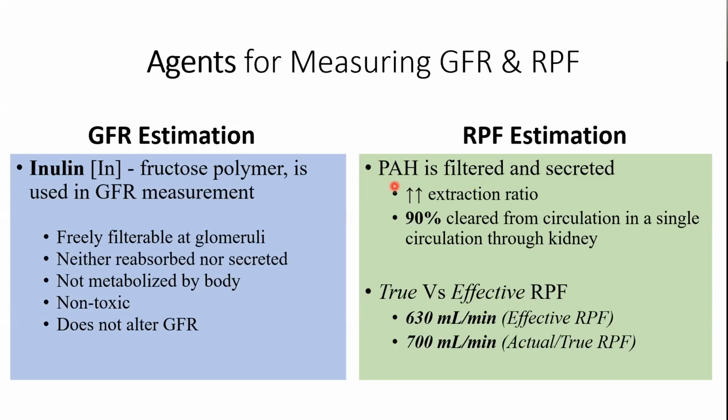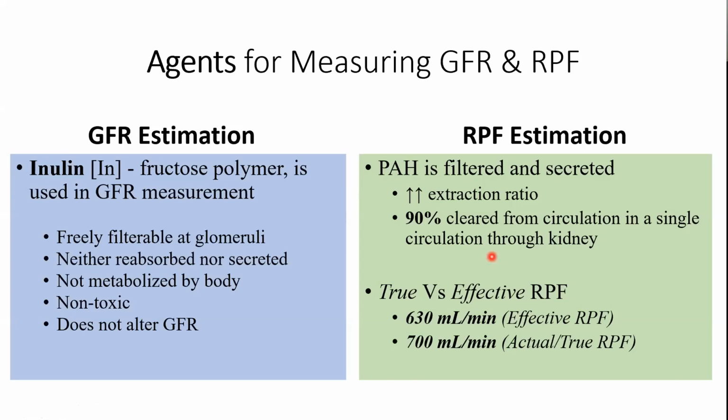When injected, it gets filtered and secreted to such an extent that even in one single circulation through the kidney, 90% of PAH is cleared. Again, the word is clearance, it's cleared from the plasma.